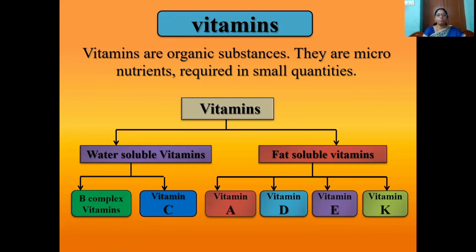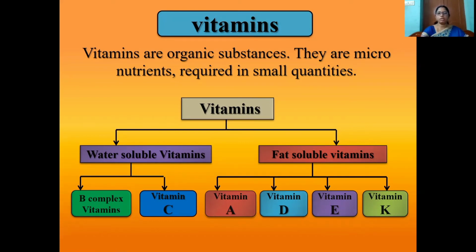First one is B complex vitamins. B complex vitamins are divided into 8 types. These are vitamin B1, vitamin B2, vitamin B3, vitamin B6, vitamin B12, pantothenic acid, folic acid, and biotin.